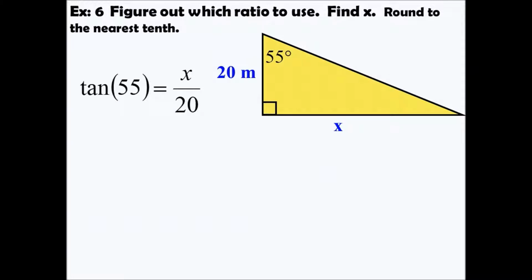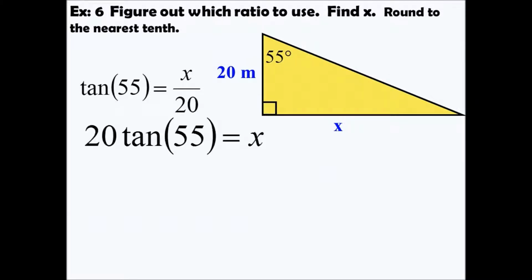The rest becomes algebra. We're going to multiply both sides by 20, so we're left with 20 times tangent of 55 equals x. To find the final answer, we're going to plug this into our calculator.